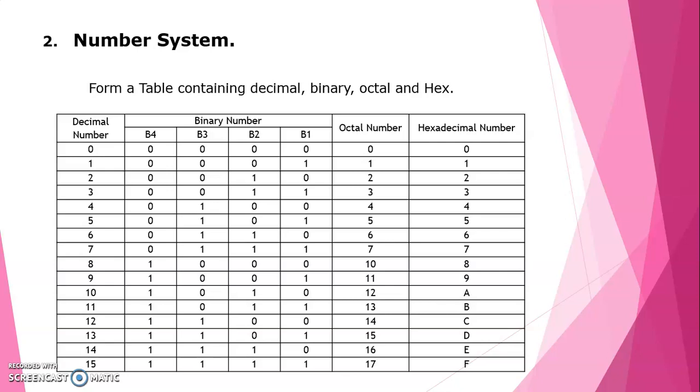Hexadecimal means 0 to 15, that is 16 numbers. Further we will discuss the decimal, binary, octal and hexadecimal numbers in detail. Here you can see the table for them.